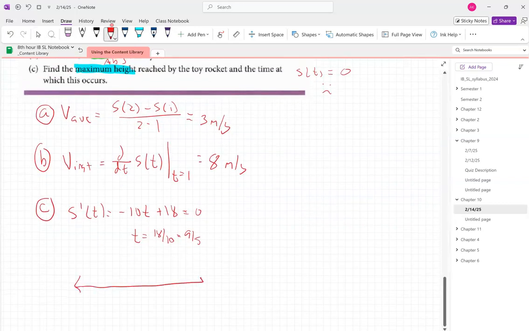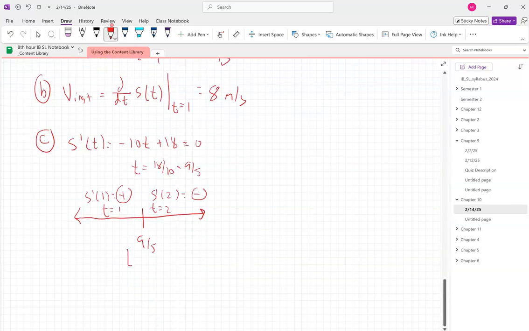If I do a quick little first derivative test on that, if I plug 1 in to s prime, I'm going to get a positive value. If I plug 2 in, I'm going to get a negative value. So that tells me this is a local max.